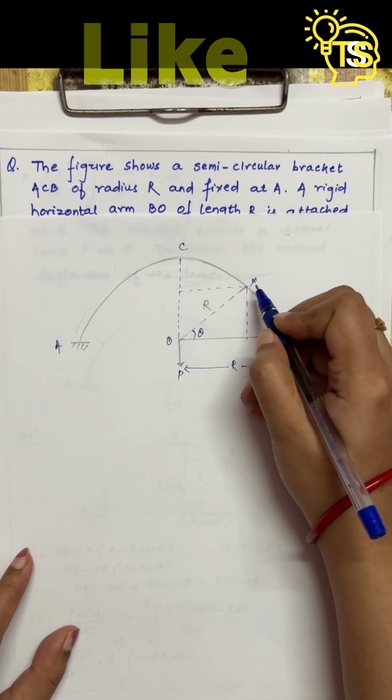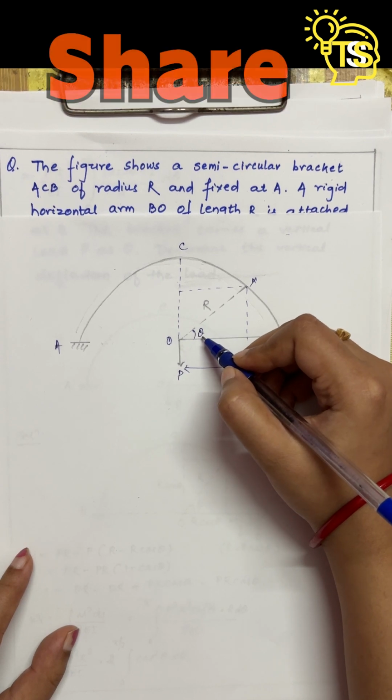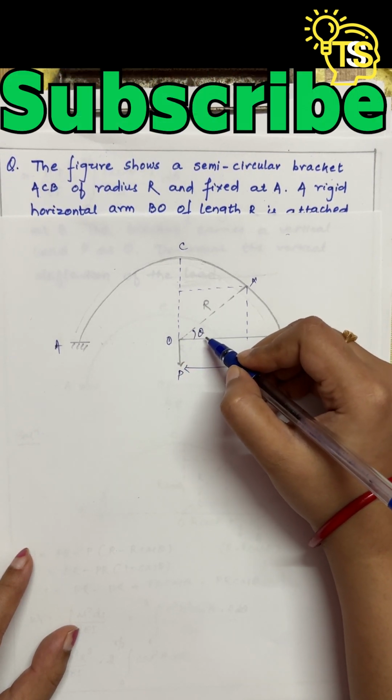And this length XO, whose length is r, is inclined to BO at the angle theta.